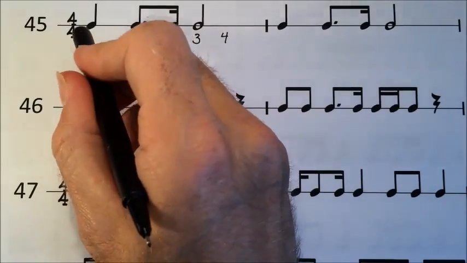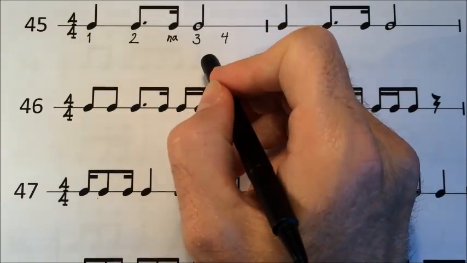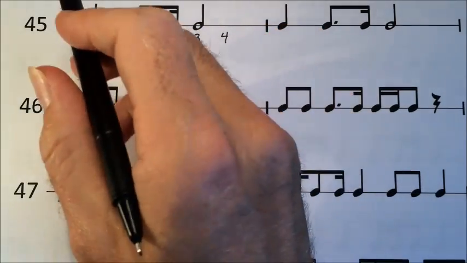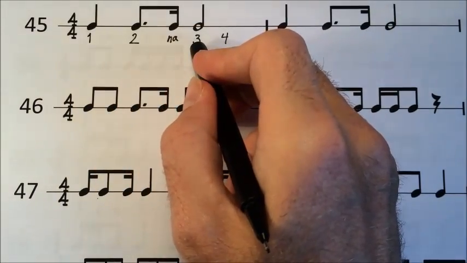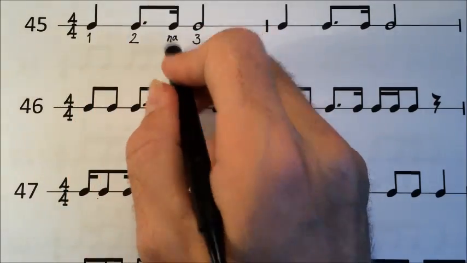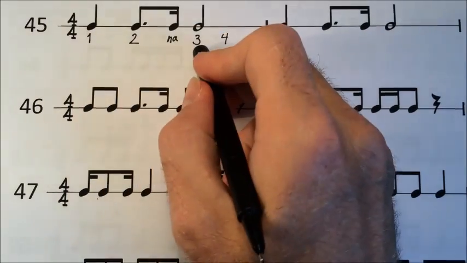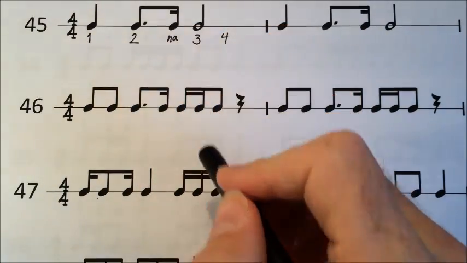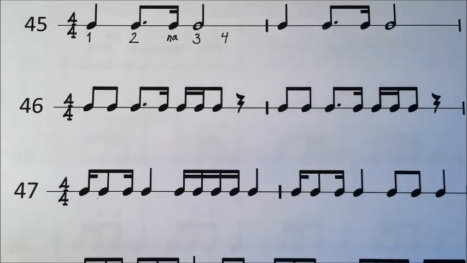So then it would read 1, 2 E and A 3 4, 1, 2 E and A 3 4, and a bit faster, 1, 2 E and A 3 4, 1, 2 3 4. Let's listen to it with the drum playing it as well, so you have a click that's counting the beats, so you will know what this rhythm sounds like. Here it is.